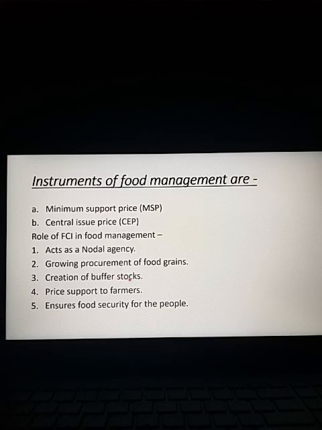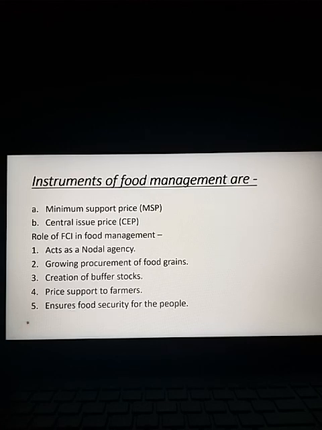Scientifically, it stores and sells them to the people, to the vulnerable sections of the society at proper prices. Thereby, it protects the interest of farmers and consumers too. Price support to farmers ensures food security for the people.